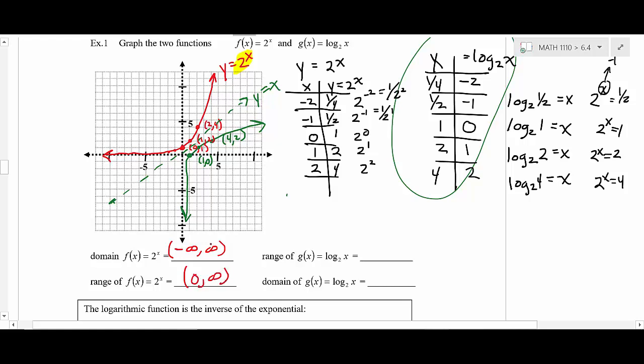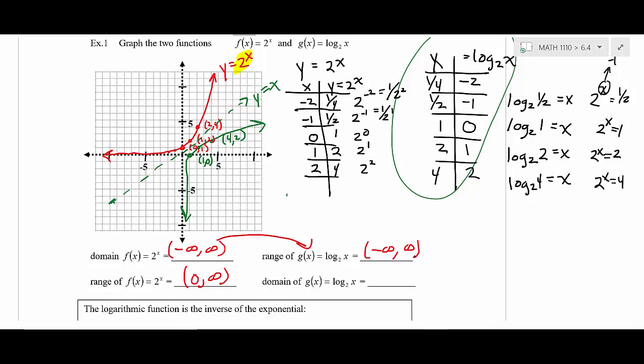Now what we learned is, since we now know they're inverses, that the domain of the function and the range of the inverse have to be the same. So I want you to look at the green graph. Does the green graph look like it goes to -infinity and to infinity? Okay? All right, and we also learned that the range of a function turns into the domain.